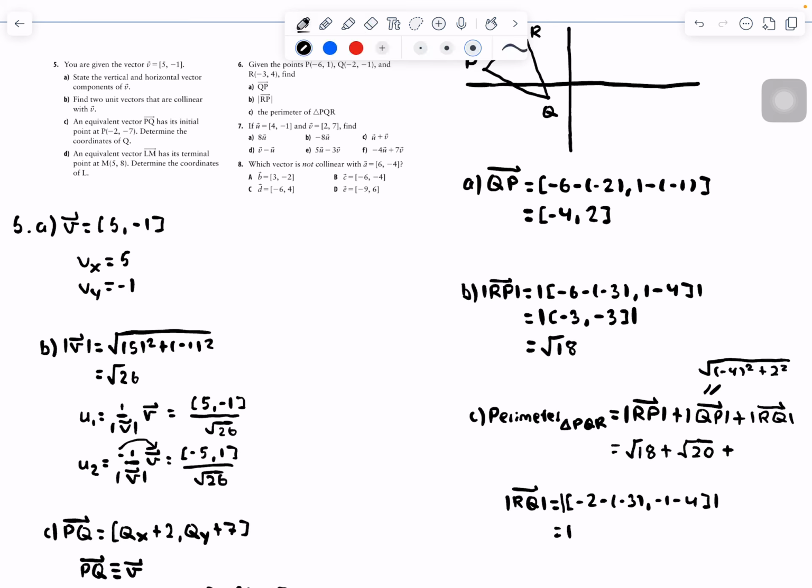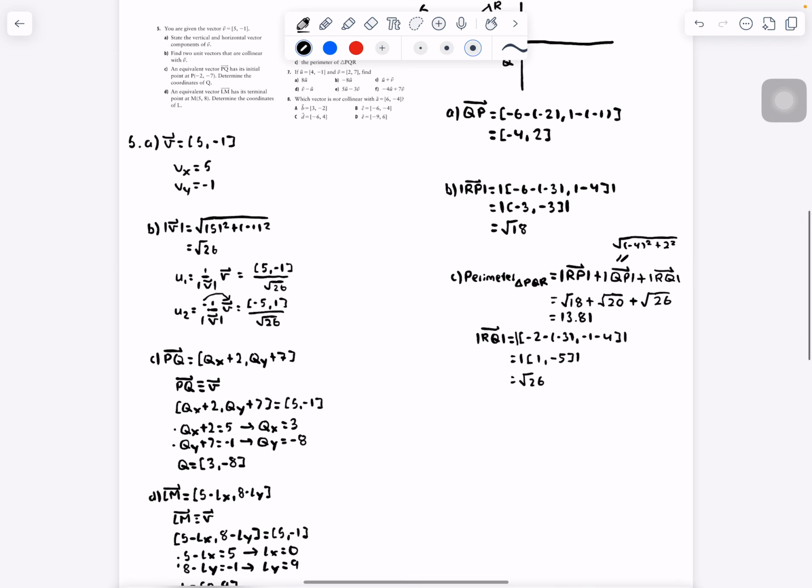So you get 1, -5. And that's modulus of square root of 26. And then at this point, you don't have to have an exact value. So square root 18 plus square root 20 plus square root 26, that's 13.8, I guess. Good.